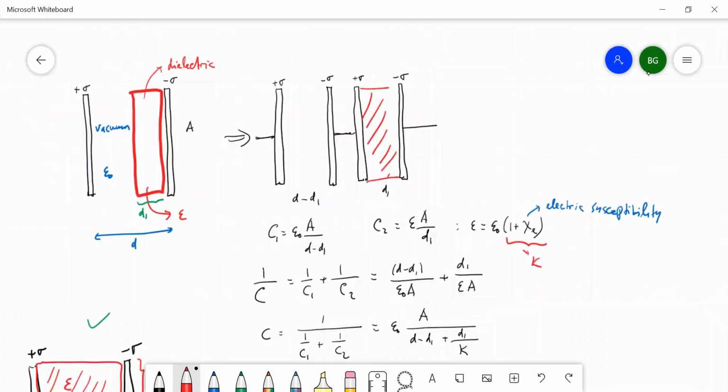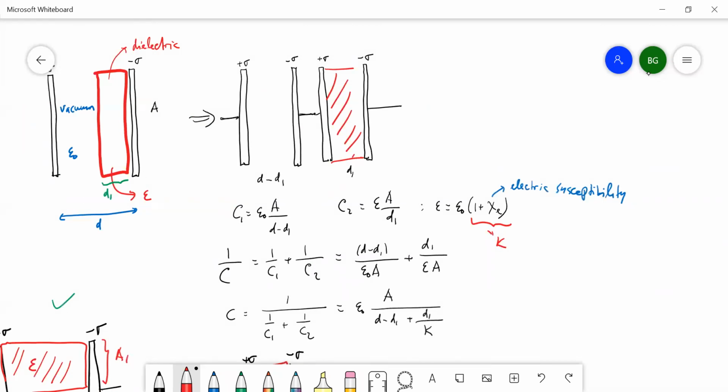Usually this dielectric constant K is greater than or equal to 1. K equal to 1 is vacuum, so usually the dielectric constant is greater than 1.